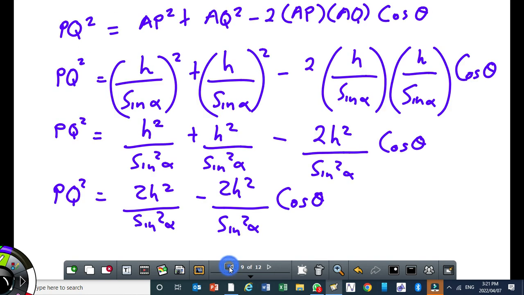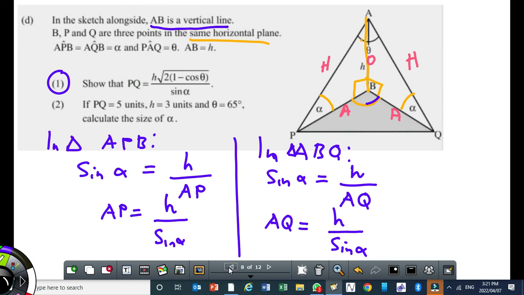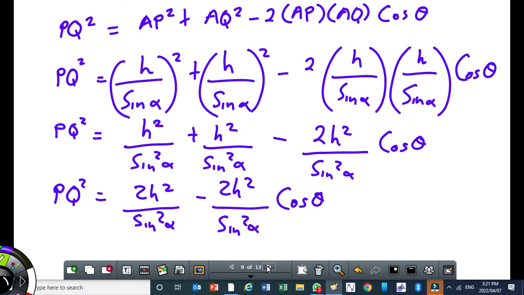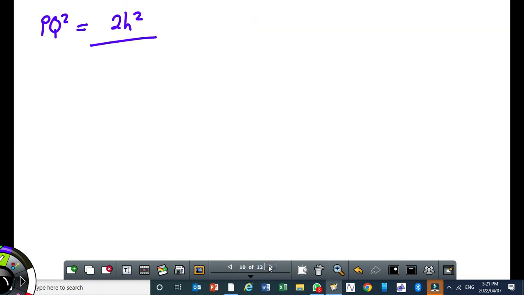So on the next page, we have PQ squared is equal to 2h squared over, well, let me check my expression before I write. You see this 2 here, it comes from that 2h squared. So let me take out h squared over sine squared alpha, because obviously, if you are doing the question, you must look at what you are trying to show.